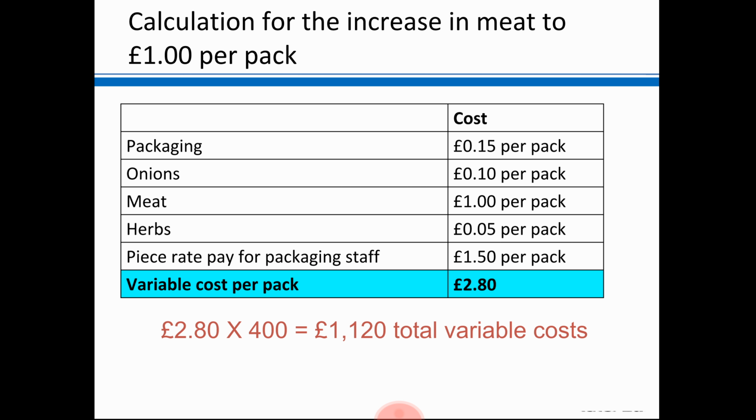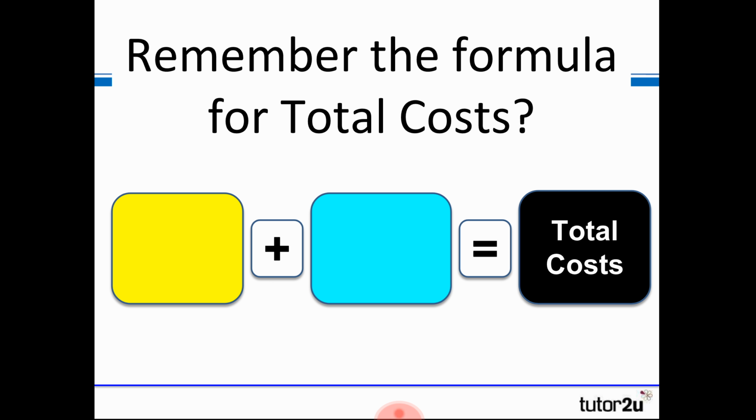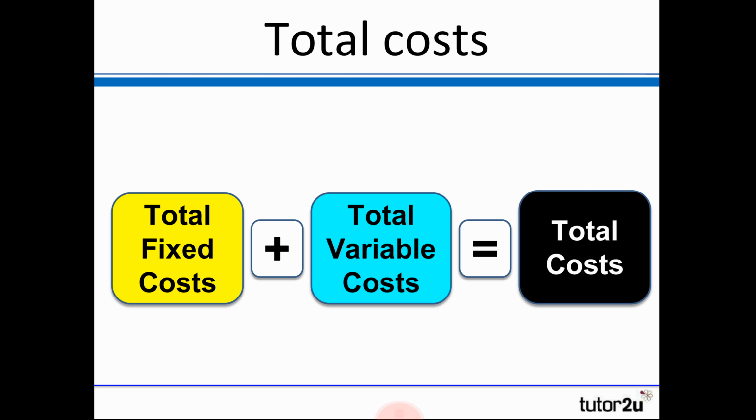We bring that figure forward, 1,120. The fixed costs remain the same, and now we've got a new total cost of 2,100. So, just to recap, what's the formula for total costs? Total fixed costs plus total variable costs.